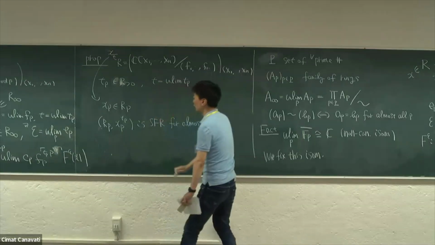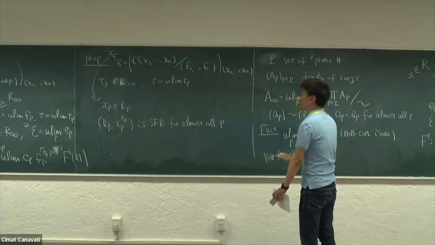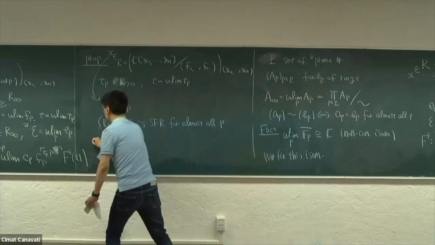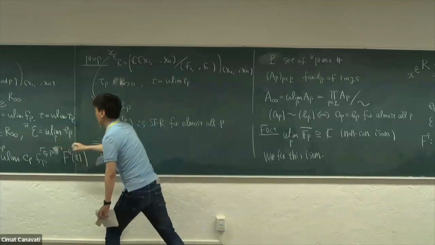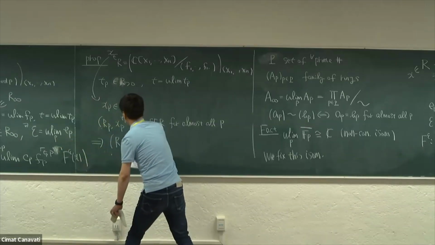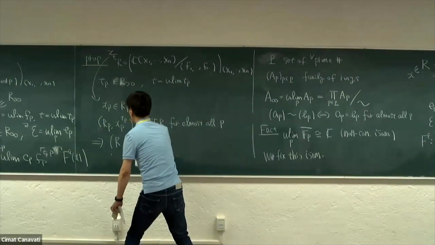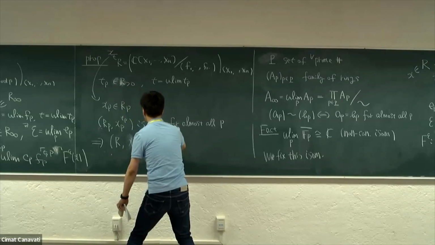So we have a family of strongly F-regular pairs. This condition implies that the pair (R, x^t) is ultra F-regular.